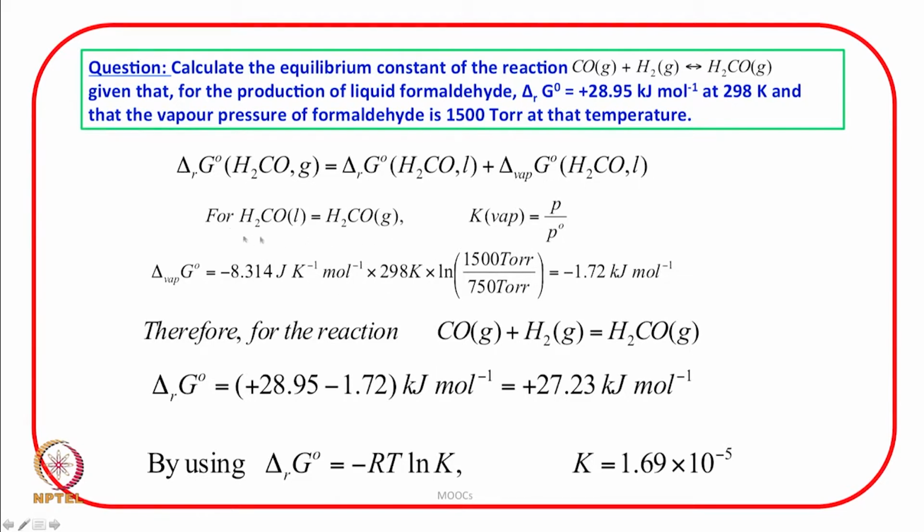Vaporization reaction, all of us very clearly understand, is liquid conversion to vapor, and then we made use of the value of equilibrium constant to get the value of delta G naught, and used all this information to get the standard Gibbs energy change for the given reaction. And once we had the information on standard Gibbs energy change, we were able to calculate the value of equilibrium constant.